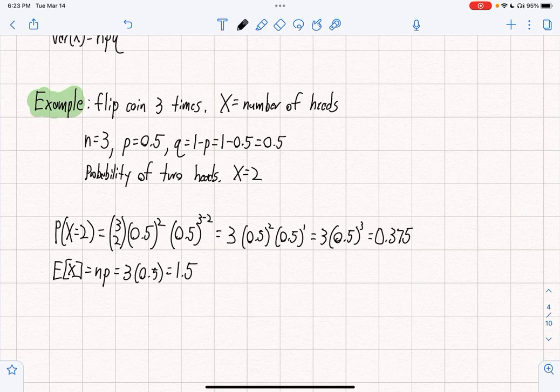And then finally, the variance of x would be equal to NPQ, which would be 3 times 0.5 times 0.5.